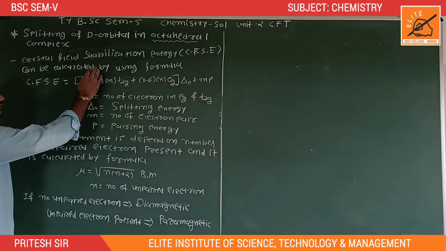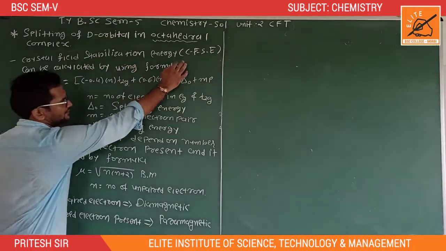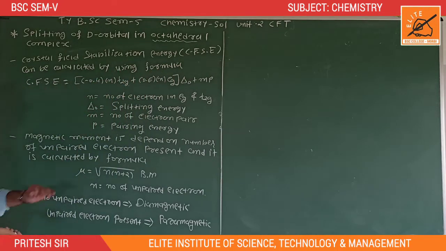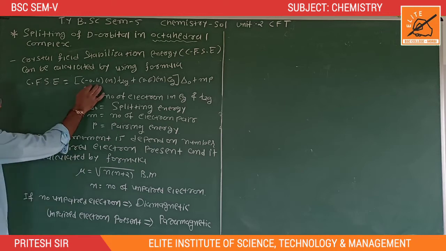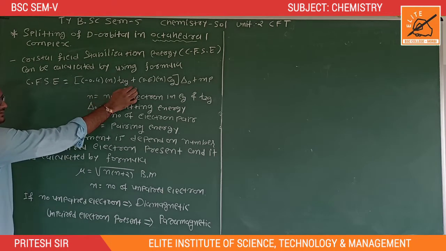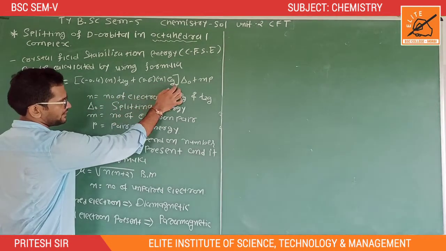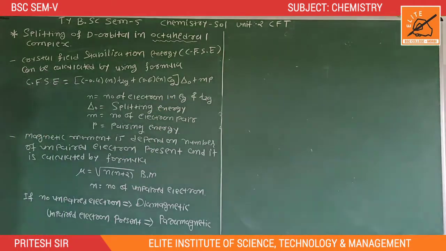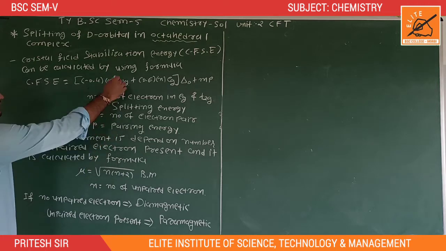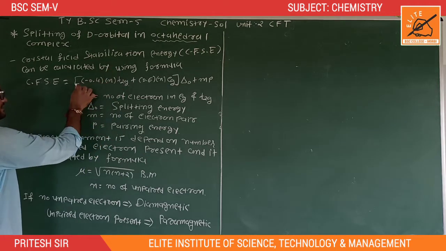Now crystal field stabilization energy, CFSE, can be calculated by using a formula. CFSE is equal to minus 0.4 n t2g plus 0.6 n eg times delta octahedral plus MP. MP means pairing energy. So CFSE can be calculated by using this formula.